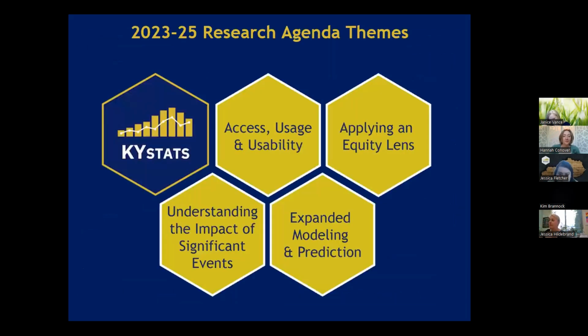So I'll get into that a little bit later, but just to give you some background on some of the things that we are focusing on over the next couple of years on our research agenda: access, usage, and usability. We also try to apply an equity lens to everything we do.